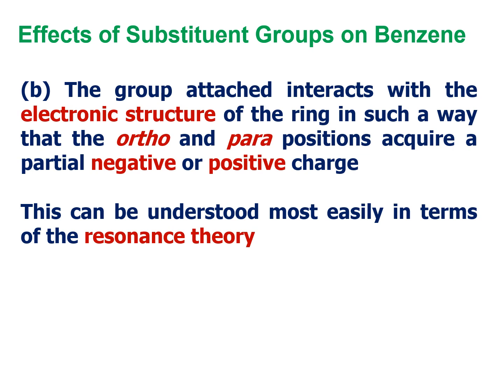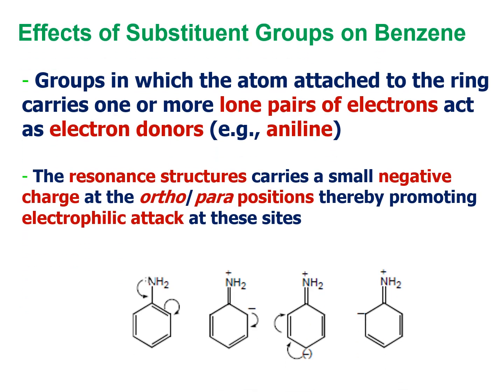The group attached interacts with the electronic structure of the ring in such a way that it will give either the ortho or para position a positive or negative charge, and this can be understood easily when we talk about resonance. Amine, that is aniline as a compound, because there is a lone pair of electrons on nitrogen, it can interact with the ring, with the unsaturated nature of the ring.